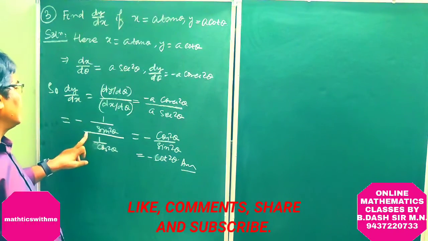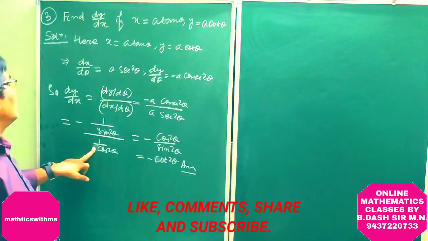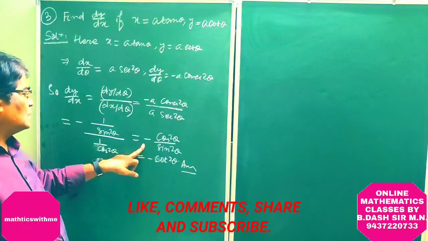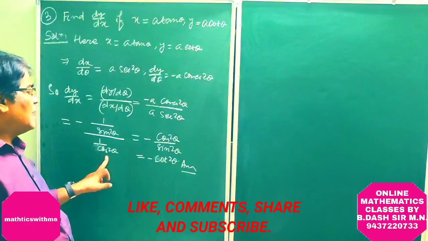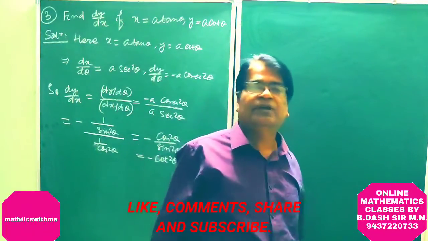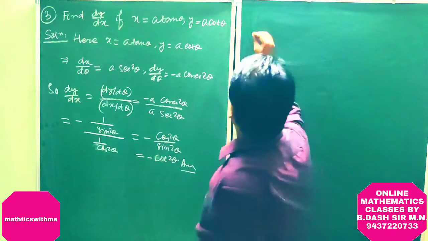Now simplifying, this is minus 1 by sin square theta by 1 by cos square theta, which is equal to minus cos square theta by sin square theta, which is equal to minus cot square theta. So our third problem is solved. Let us proceed to solve the fourth problem.